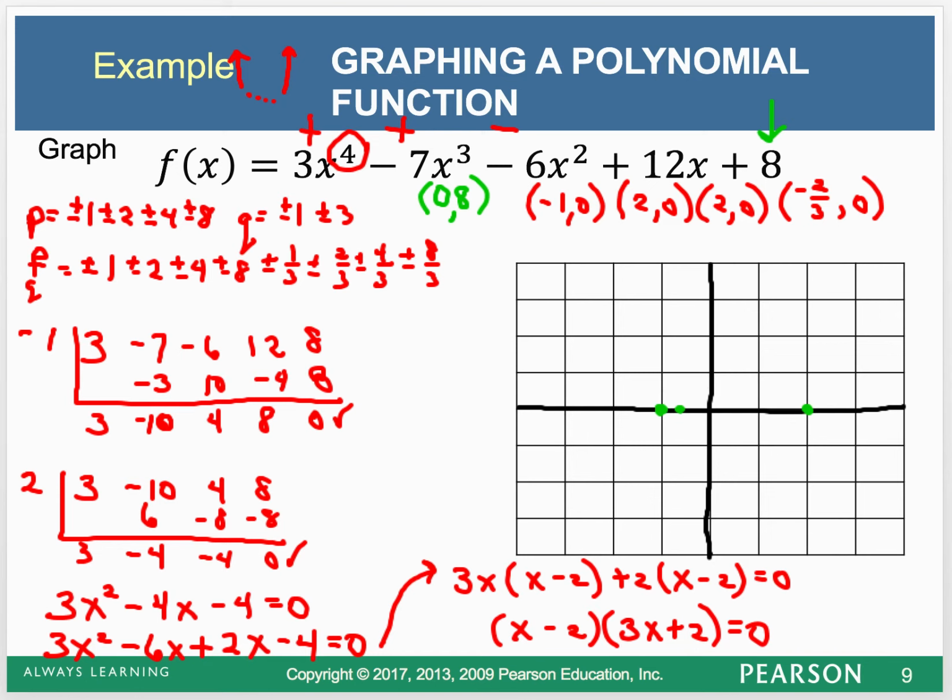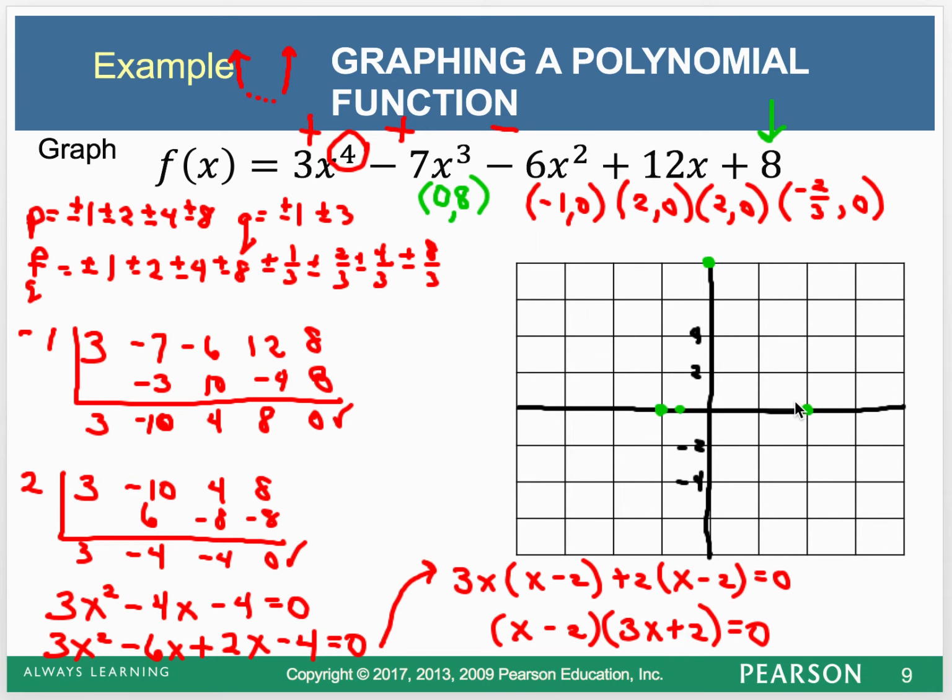So let's make these go by 2's again. So 0, 2, 4, 6, 8. Now, let's make sure that shape will fit in here. Now, I know at this point I have multiplicity.